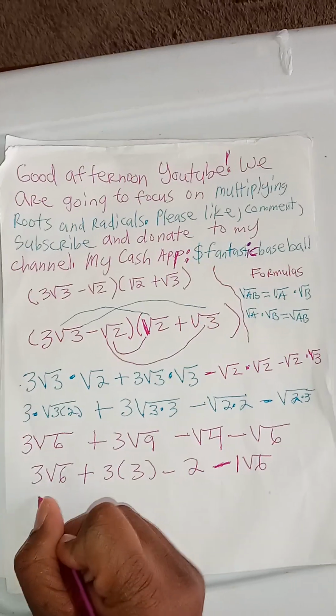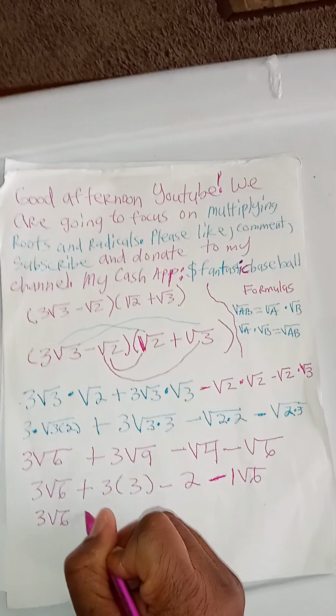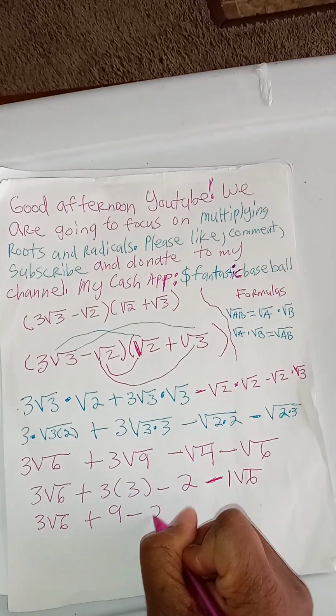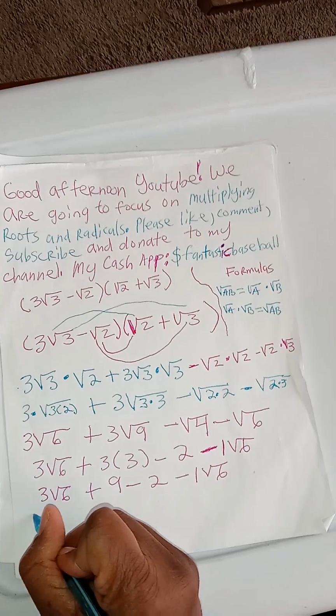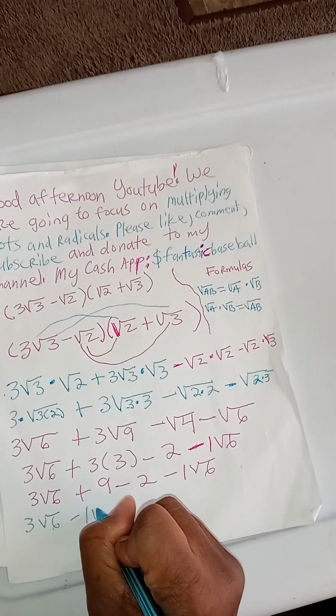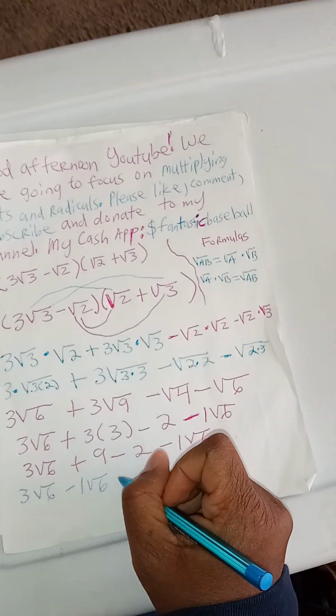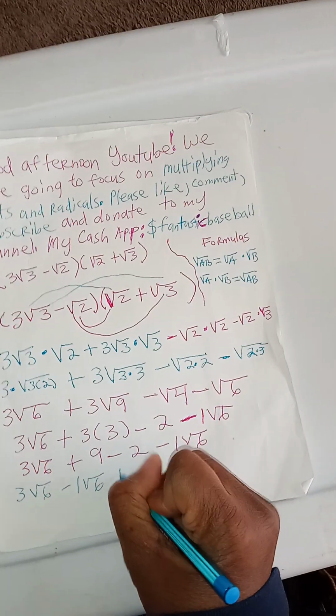So now it is 3 square root of 6 plus 9 minus 2 minus 1 square root of 6. So we could rewrite this as 3 square root of 6 minus 1 square root of 6, and then plus 9 minus 2, so that will be plus 7.